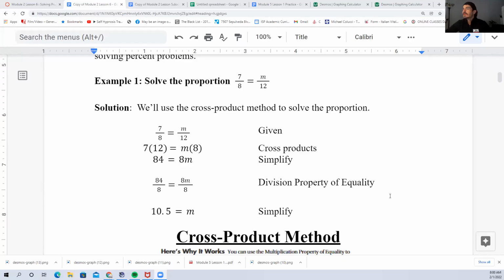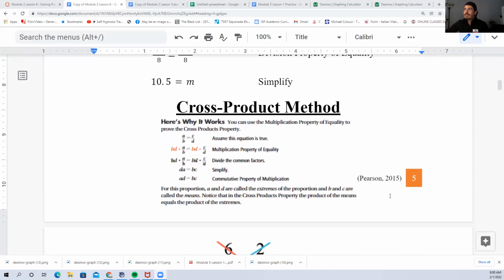So enough of that. Let's go back to our worksheet. Here's a cross product method and an explanation as to why it works.